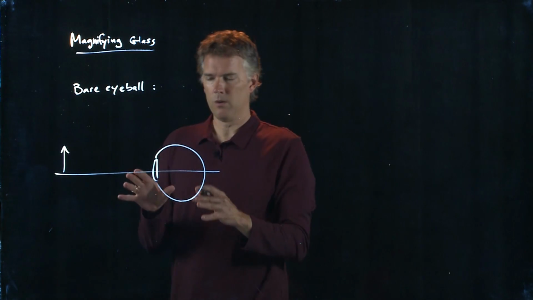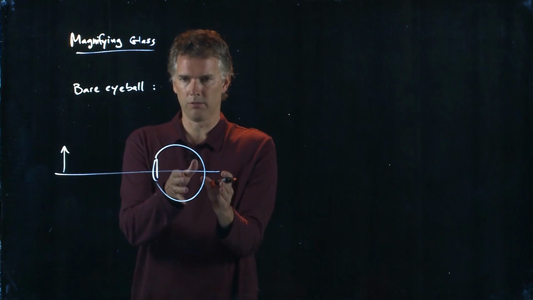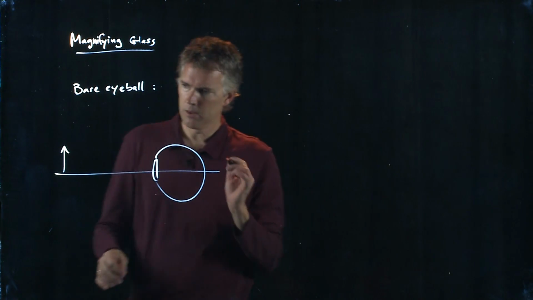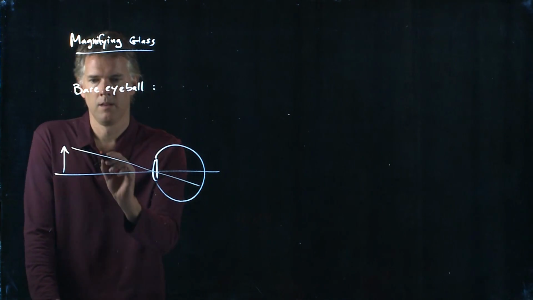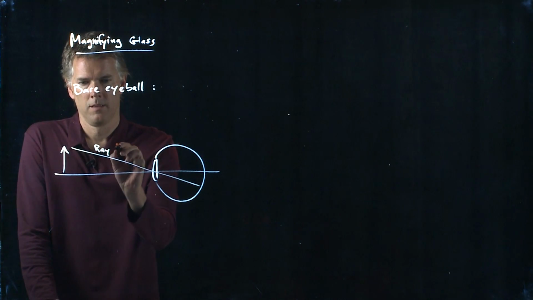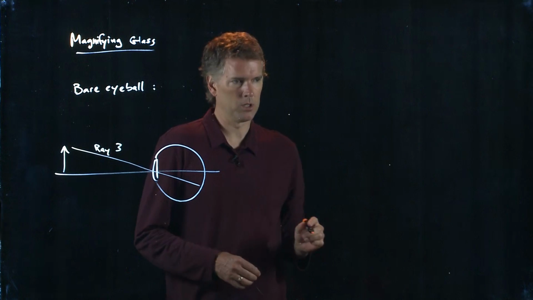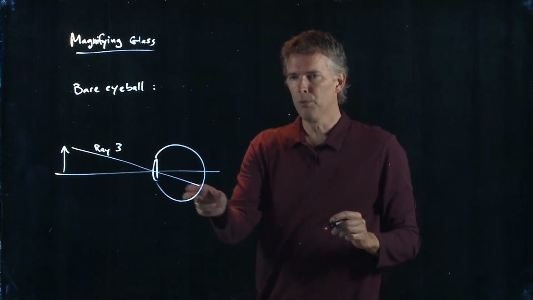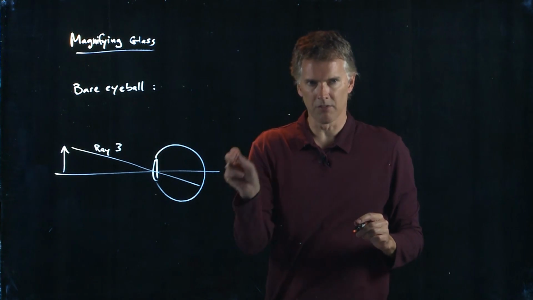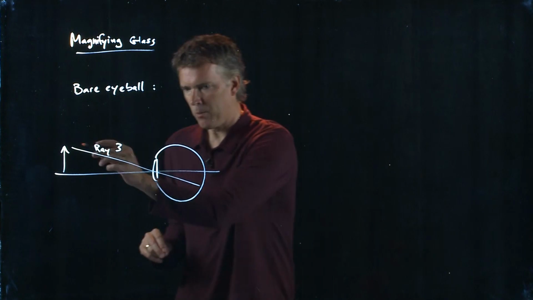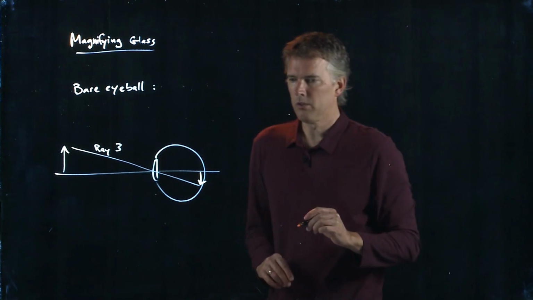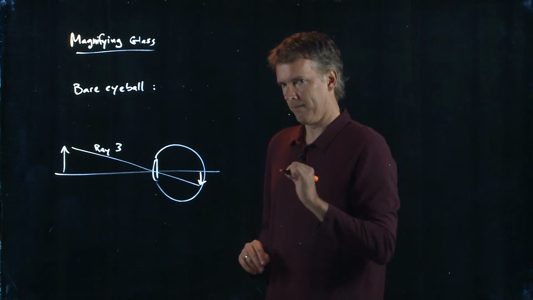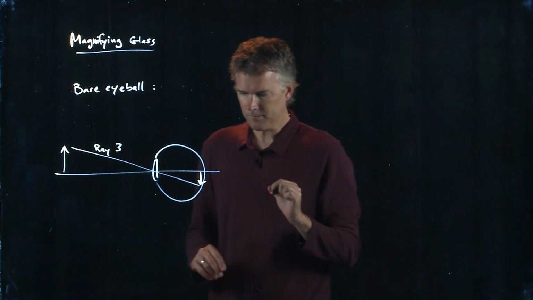I can follow the various lens rules, but really the only one that I need is ray 3. And ray 3, according to our lens rules, is go through the center of the lens and it doesn't bend. So that one went through the center of the lens, it didn't bend. The image is therefore going to be that big, okay?